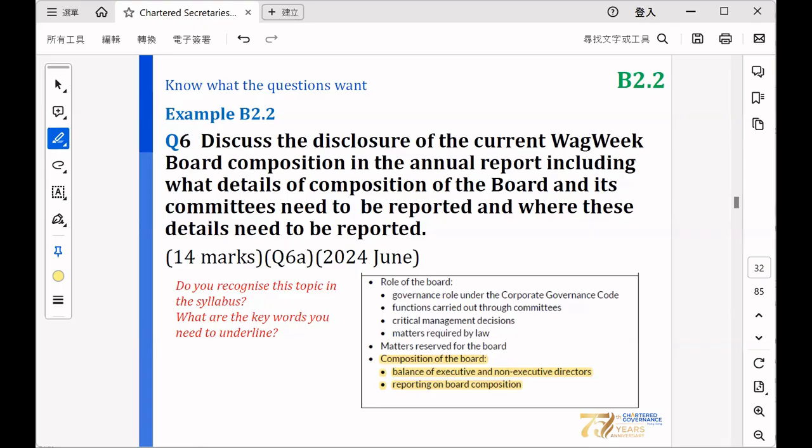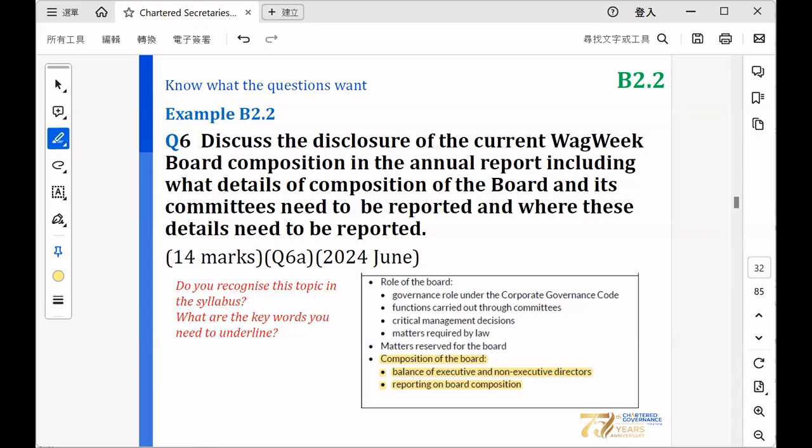For example, you have to include compositions of the board, number of board meetings, attendance by the directors, the contributions, details of any non-compliance, reasons why certain people are independent, etc.